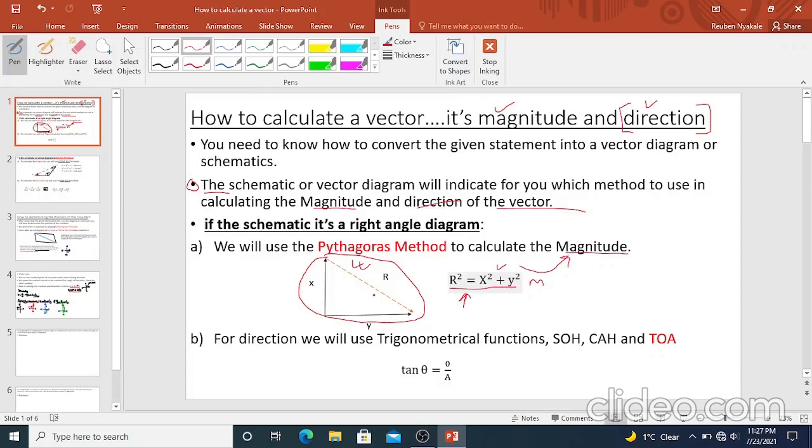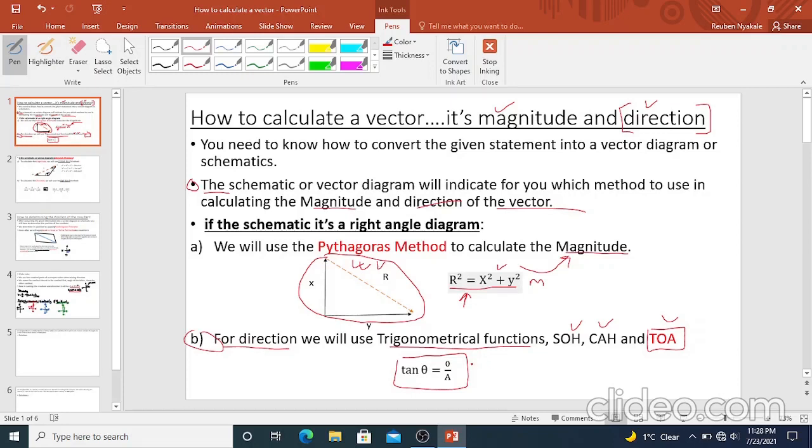Now, in determining the direction of the right angle, you will use the trigonometrical function. What are the trigonometrical functions? It is SOHCAHTOA, but we will be mainly focusing on TOA. We will be using tan to determine the direction, only if the given vector diagram, or rather the schematic, is the right angle.